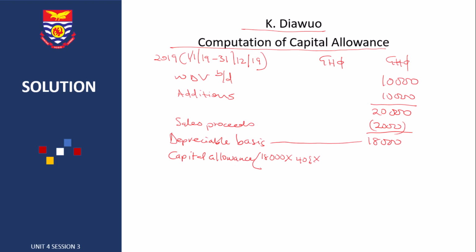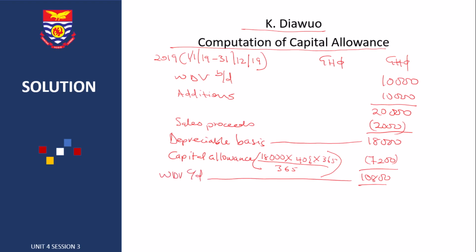It means that the person operates from January to December, and we have 365 days all over 365. So this is going to give us 7,200. And then when we deduct it, we're going to get a written down value of 10,800. So written down value carried down.